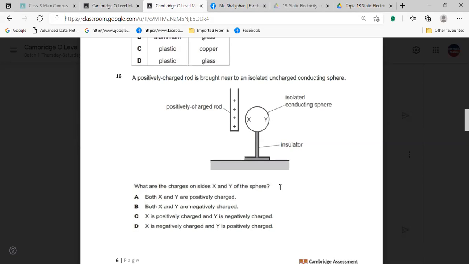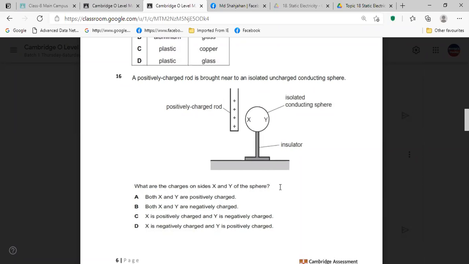X will be negatively charged or positively charged? Sir, negative. And Y will be which charged? It is not Earth.